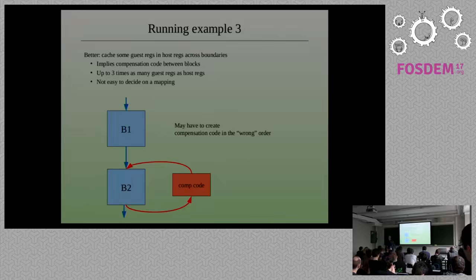One of the problems is that, even on the same architecture, like ARM to ARM or x86 to x86, there are many more values to be held in the host registers than we actually have host registers for. That's because when we're running instrumented code, we are not only dealing with the original values, but we're also dealing with shadow values, those values which track the definedness of the registers.